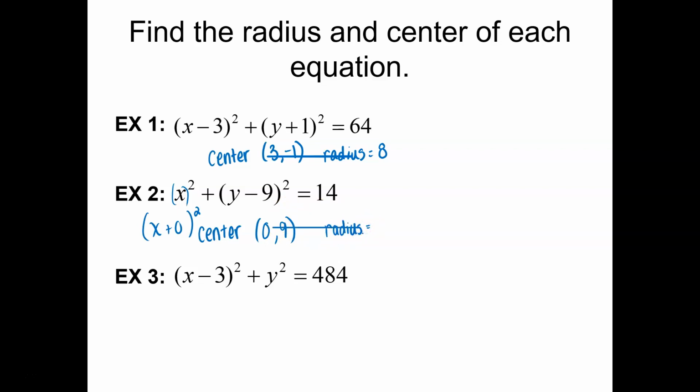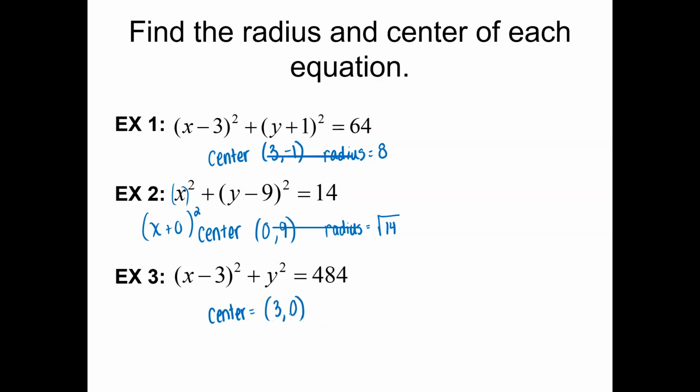What about that radius? Also a little bit tricky. Square root of 14. Actually, no, that one will break down, so you would just leave it. Okay. Let's see. Alexa, what's the center for number 3? (3, 0).